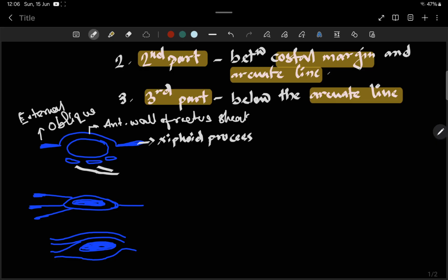This, and this. So this is the rectus abdominis muscle.